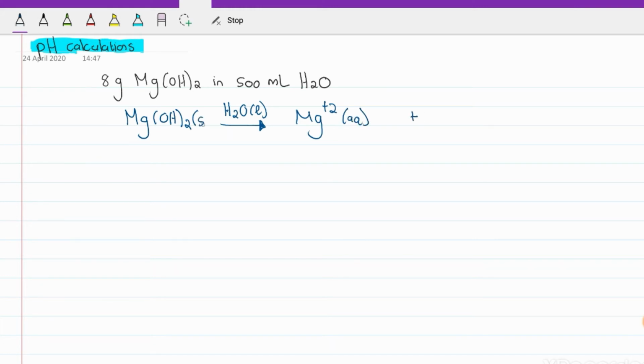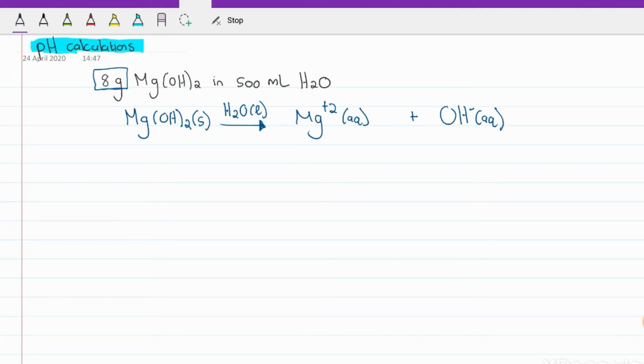Remember, this is a salt, it's solid. Why? Because you have weighed out 8 grams of your salt, and then you will have your hydroxide ions. Okay, so what we need to do now that we have our balanced reaction equation, is we need to check what are we working with.